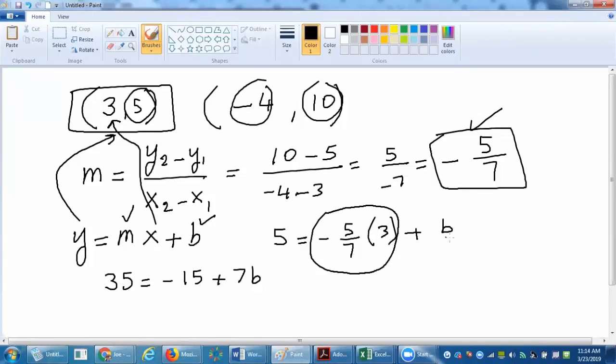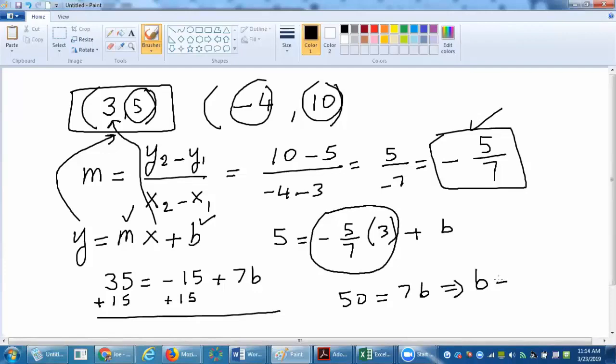And then 7 times b would be 7b. So to solve for b, add 15 to both sides. This would be 50, because 35 plus 15 is 50, equals 7b. And of course, if you divide both sides by 7, b would be 50 over 7.